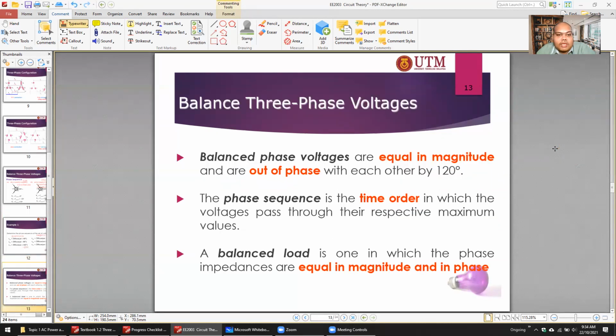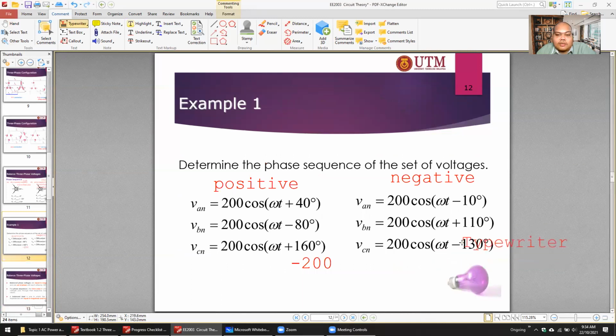So make sure you understand how to do this. If you are still confused, make sure you change this. So negative 130 is actually 360 minus 130.